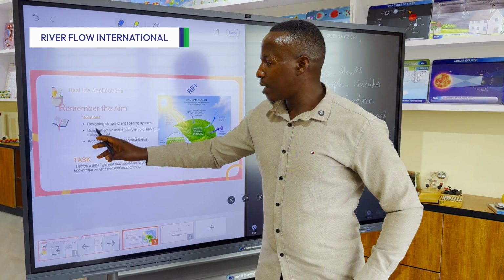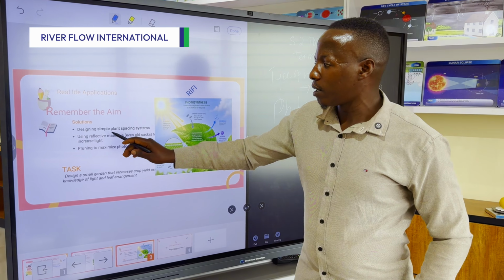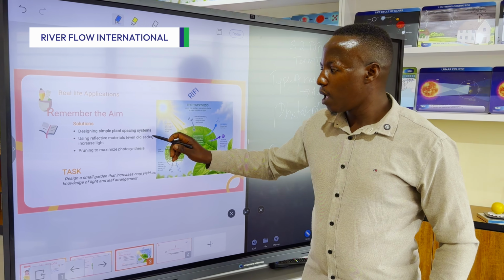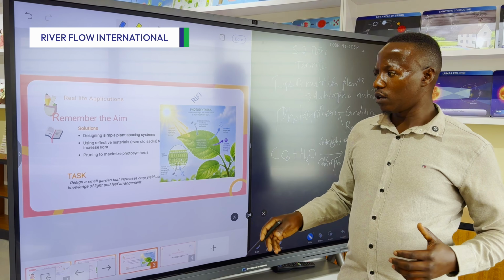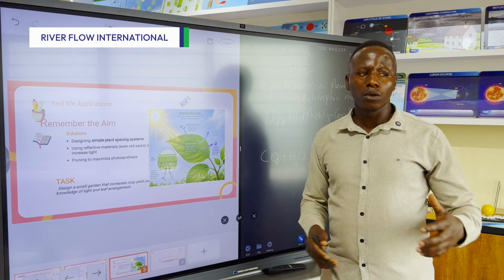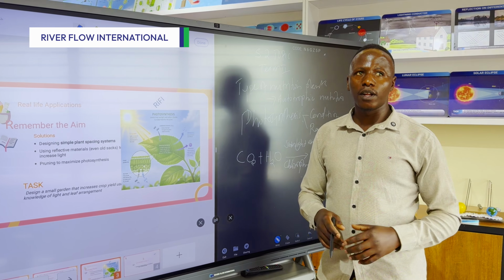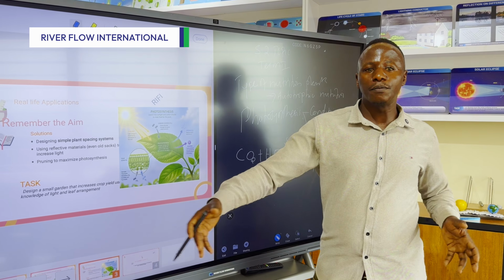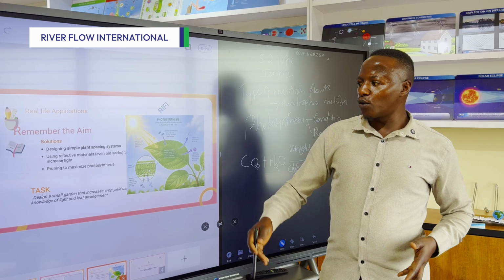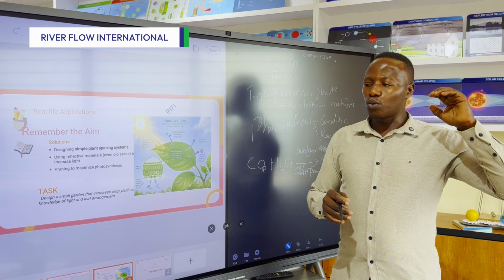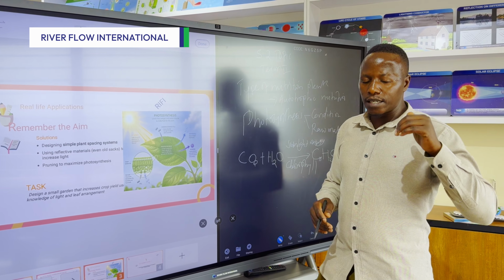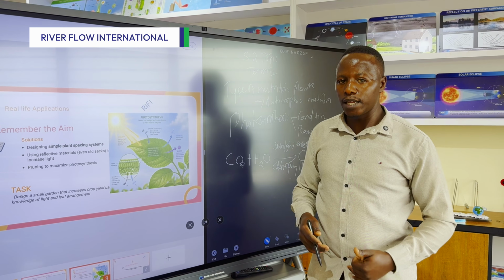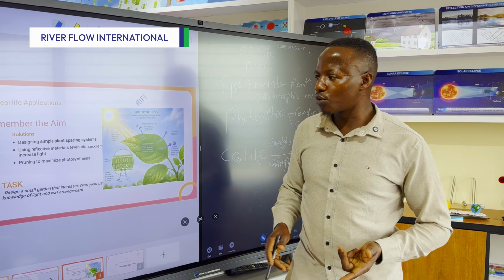So we are designing simple plant spacing systems. When you go to your garden to plant, let us take the example of a banana plantation, there is that spacing that we give. That is to ensure light and leaf exposure are maintained as the plant is growing.